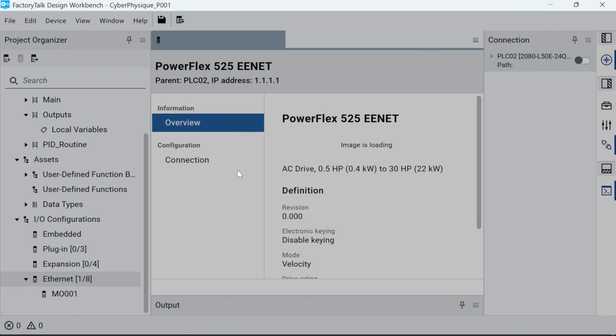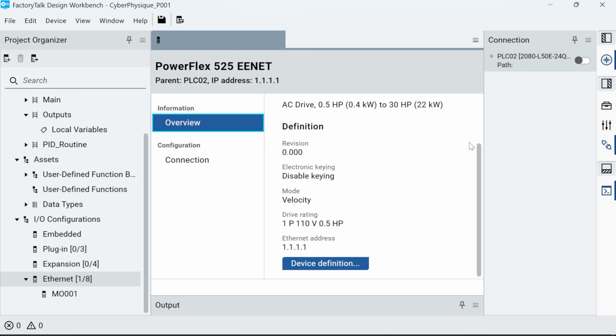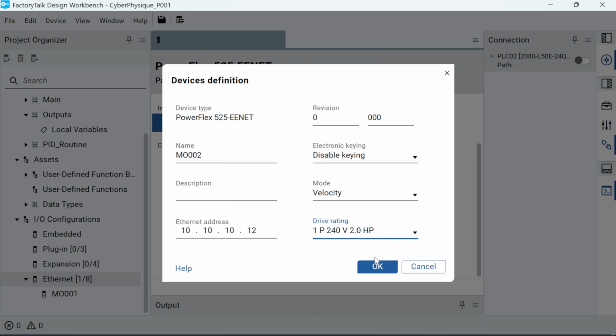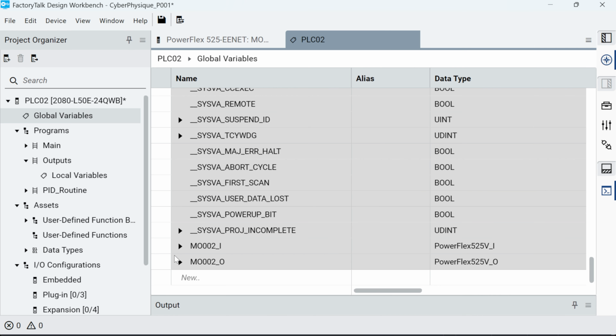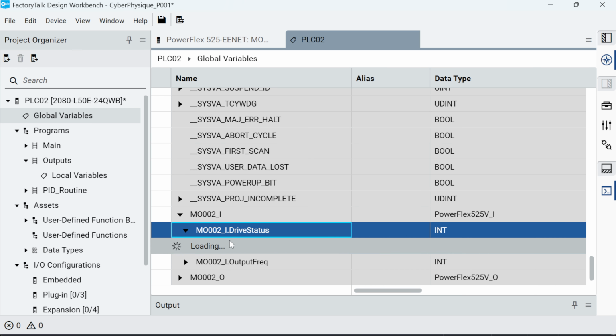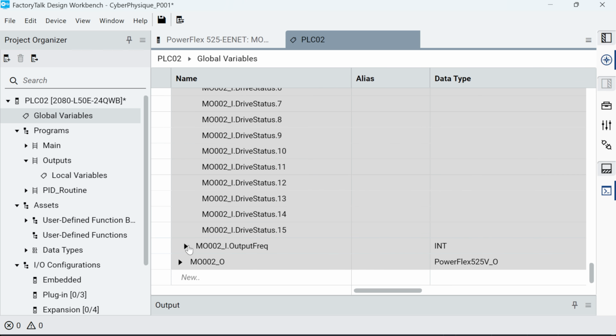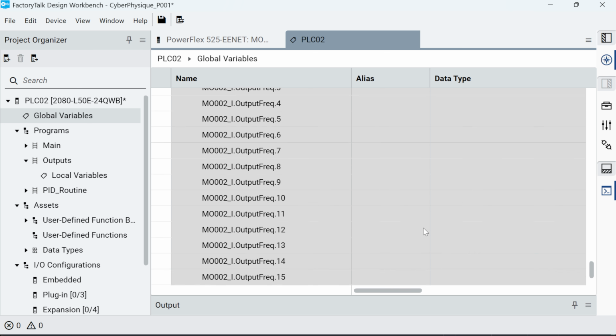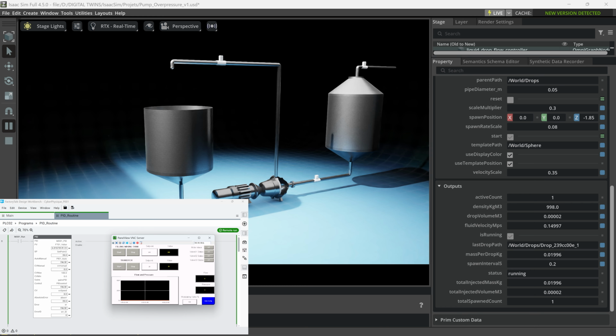So instead of driving a real motor, the PLC command controls the pump speed inside the simulation. The PLC still behaves exactly as it would in real time. The only difference is that the pump exists inside the digital twin.